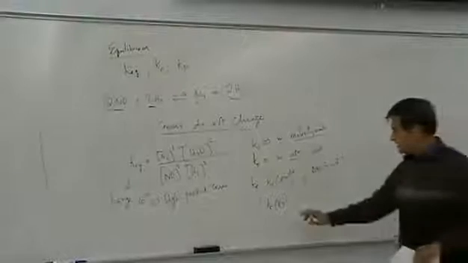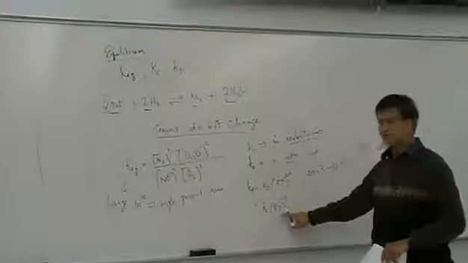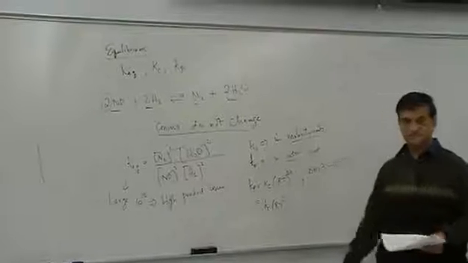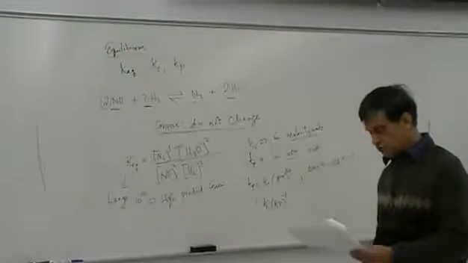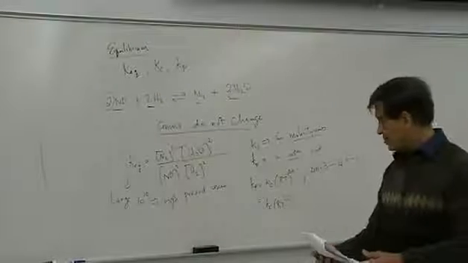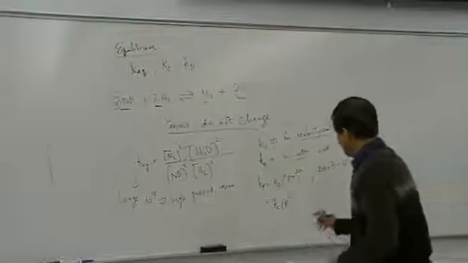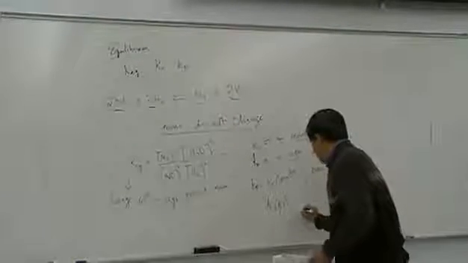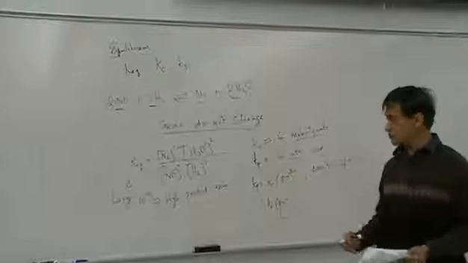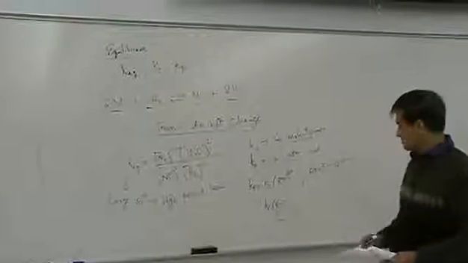Then you can plug in these numbers. R is a constant value, T is temperature in Kelvin, and Kc is known, then you can calculate Kp. So make sure you do calculations like these, Kp to Kc. And by the way, if you're looking for the R value, R has 2 different values depending upon which unit you're going to select.